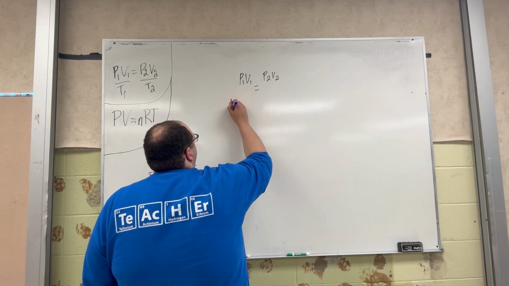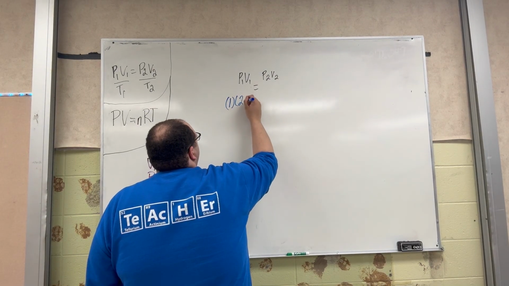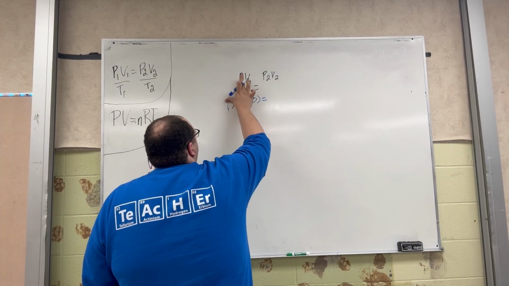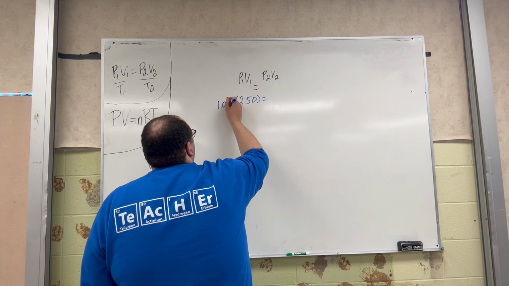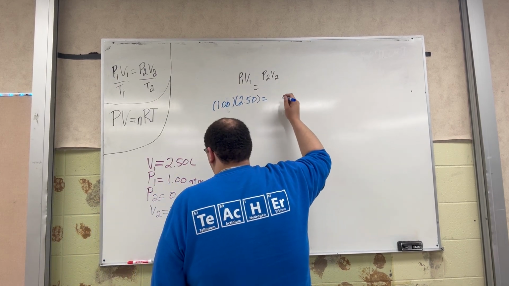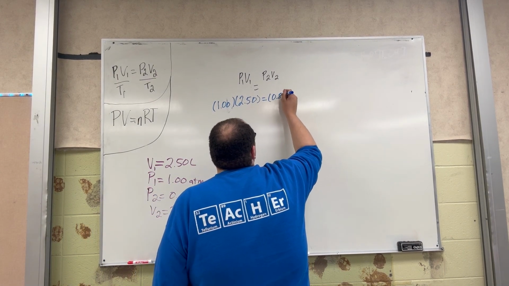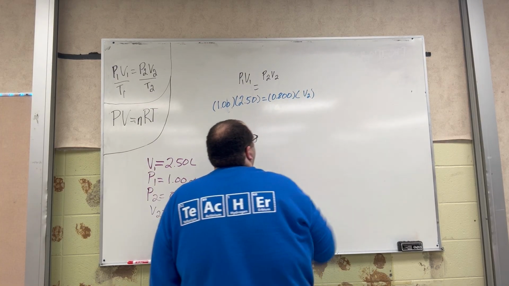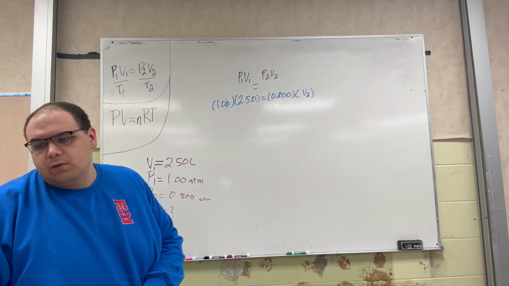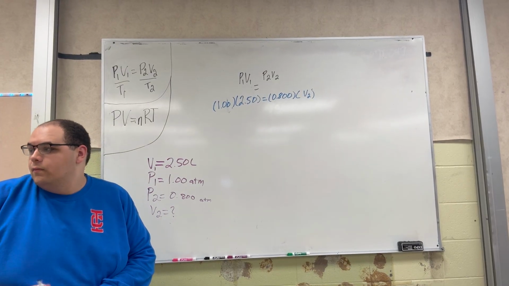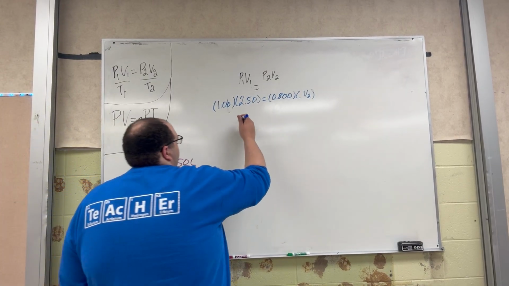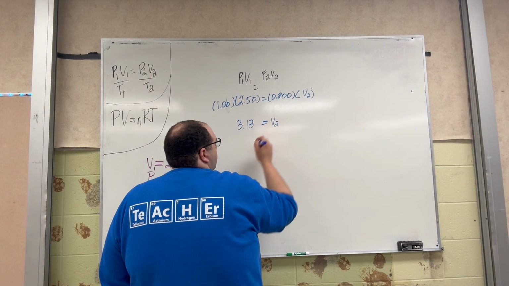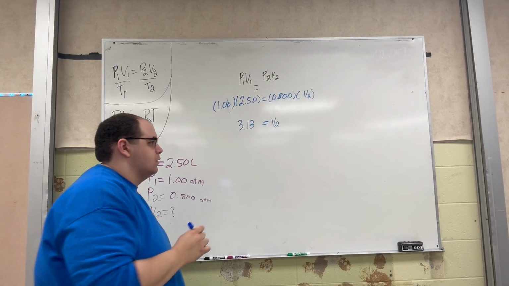We would have 1 times 2.50 equals 0.800 times V2. And you would solve for V2. 3.13. What's my unit though? Liters.